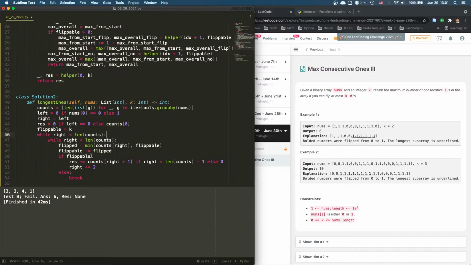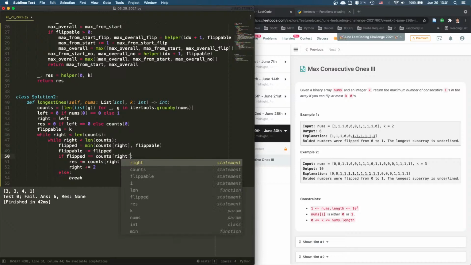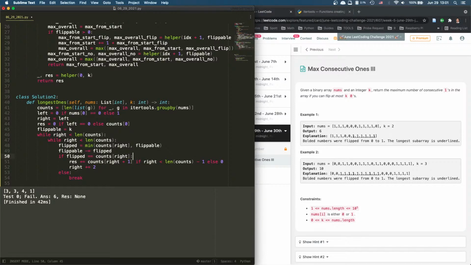So if flippable is larger equal to 0, then we can flip everything. Oh no, it's not flippable larger equal to 0. It's flipped. If flipped is equal to the count, then we do that.